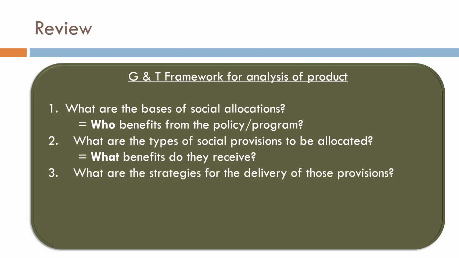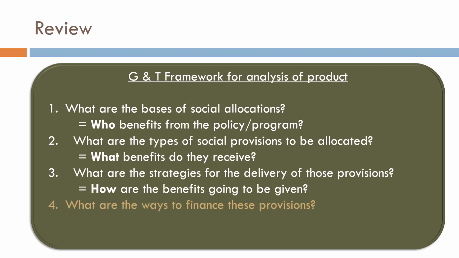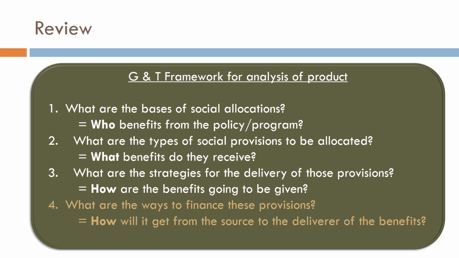And then thirdly, there was what are the strategies for delivery of those provisions. So that had to do with how the benefits were actually going to be given in terms of the design of the delivery system. Here now we are focusing on what are the ways to finance all of these provisions, all of these benefits. So where is the source of funds and how will it get from that source to the deliverer of the benefits?